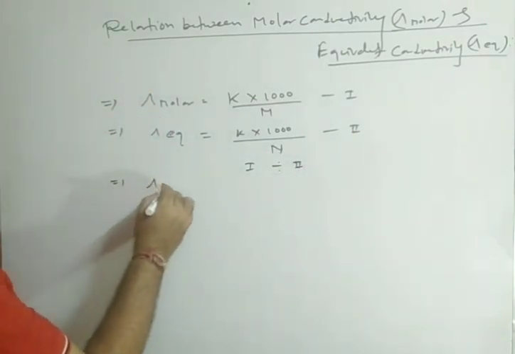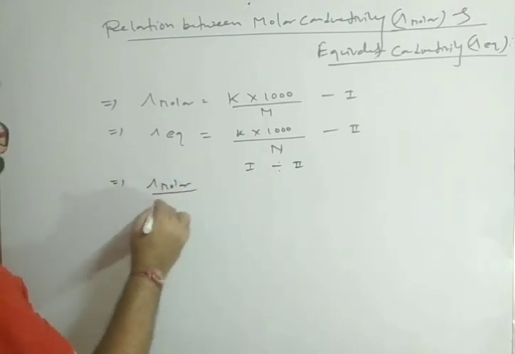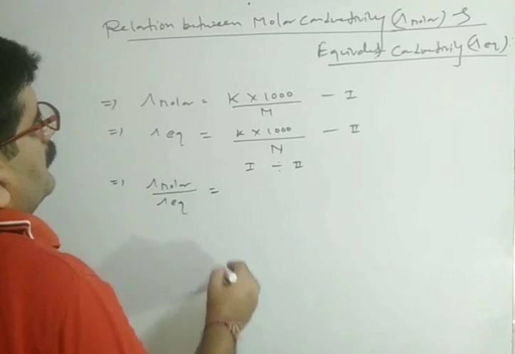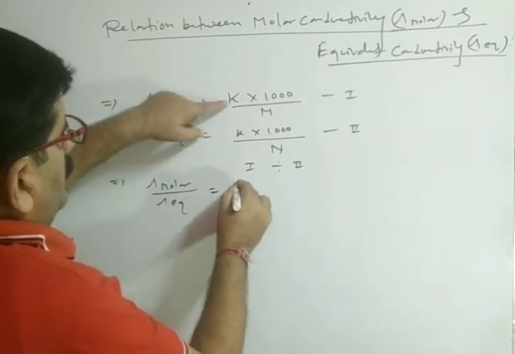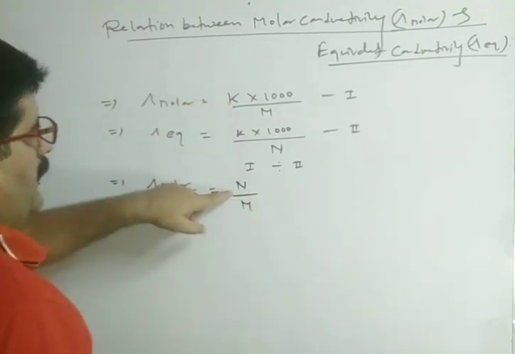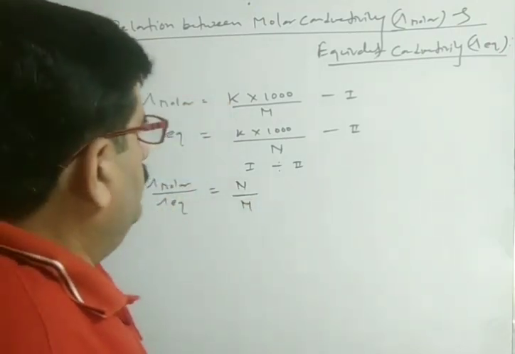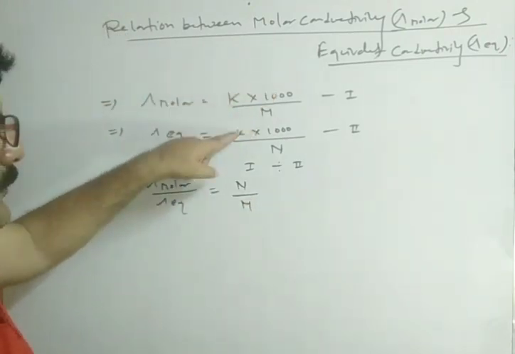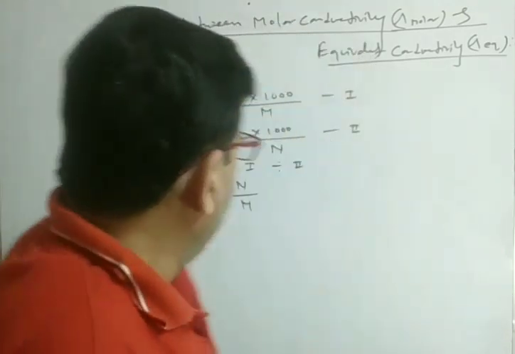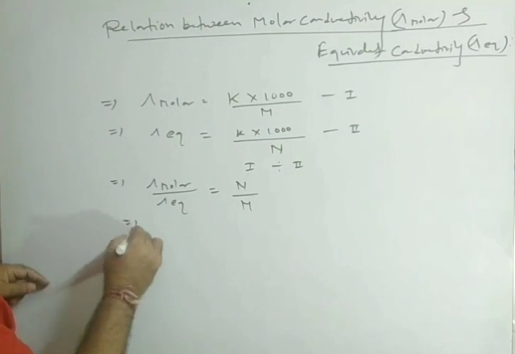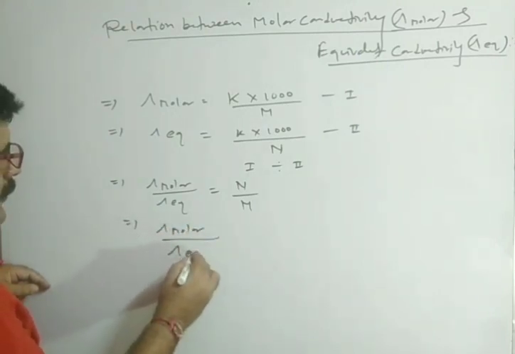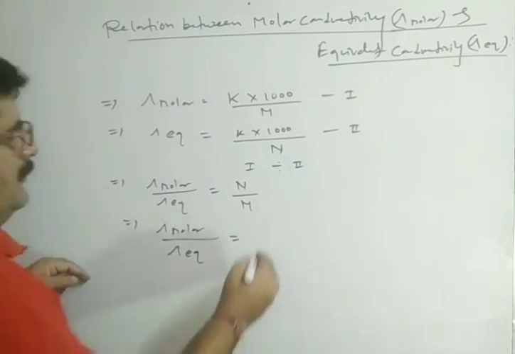We can write molar by equivalent, capital N by capital M, because K into 1000, K into 1000 cancel out each other. We can write molar by equivalent conductivity.